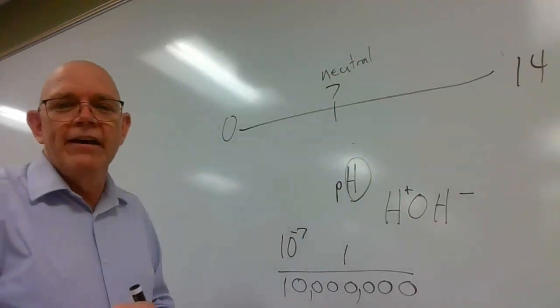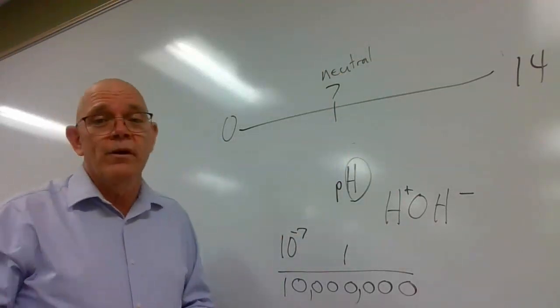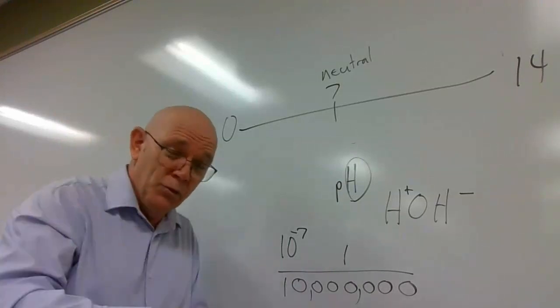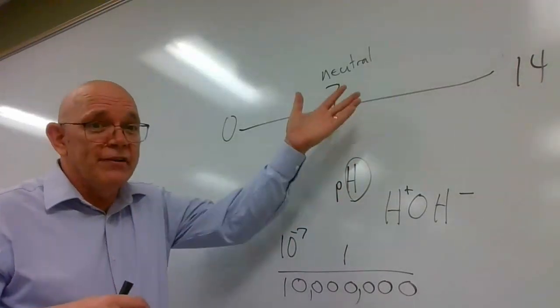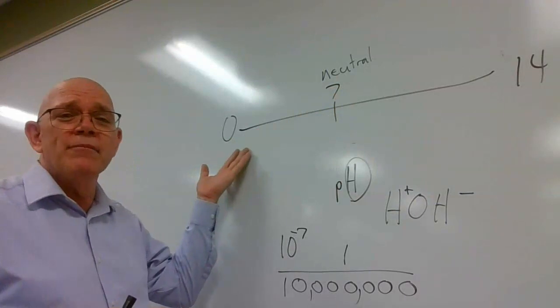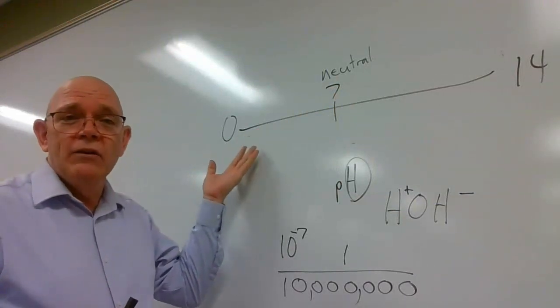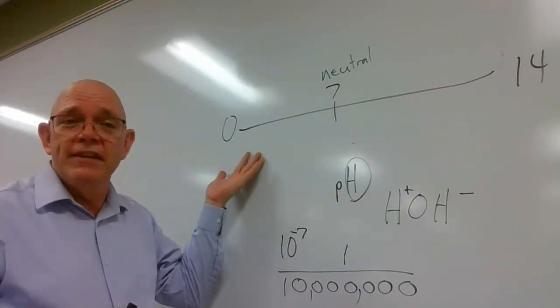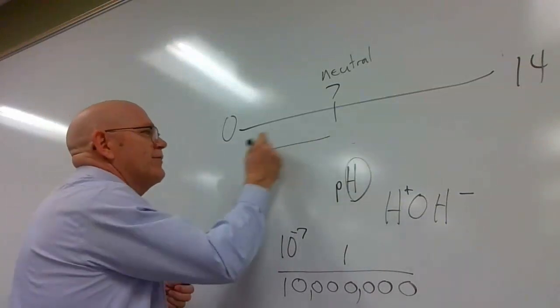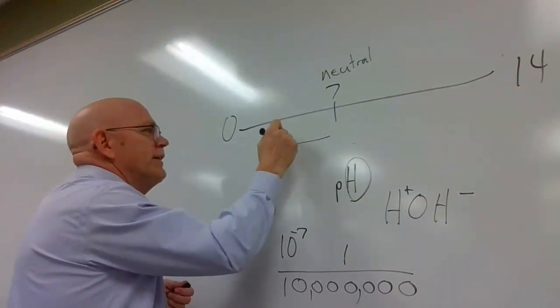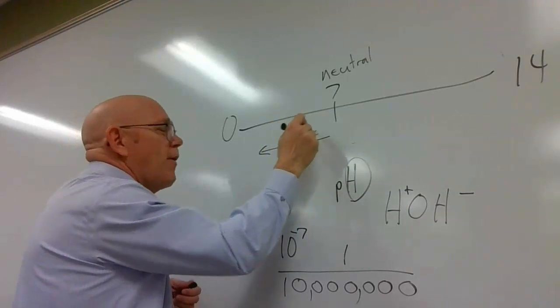It does not have more hydrogens or more hydroxide. Now, if you add something to the water that increases the hydrogens, it becomes a lower number and more acidic. So it gets more acidic as you go this way. Someone says, but the numbers are getting smaller.